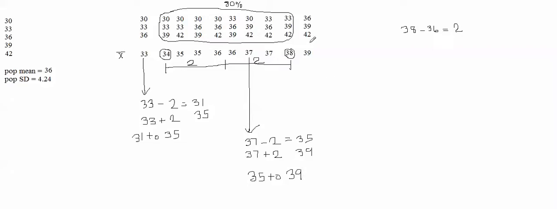Now we have to do it with sample 10. The mean of sample 10 is 39, so it'll be 39 minus 2 and 39 plus 2, which gives us 37 to 41.